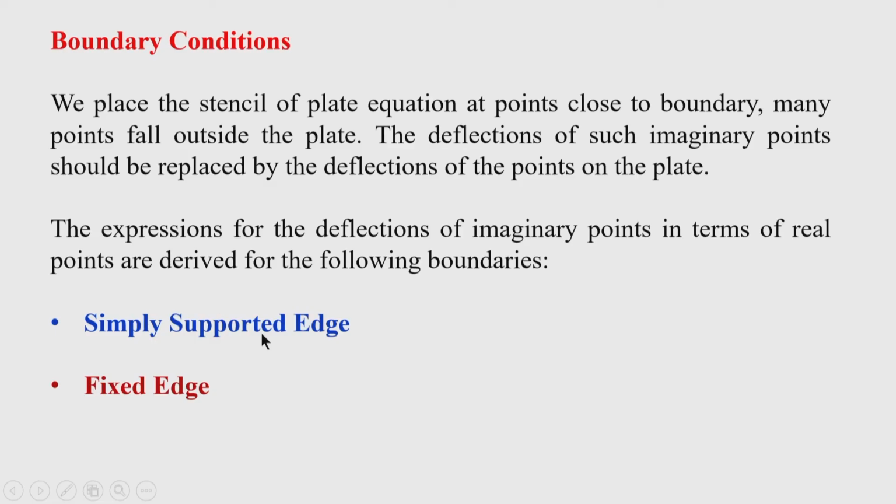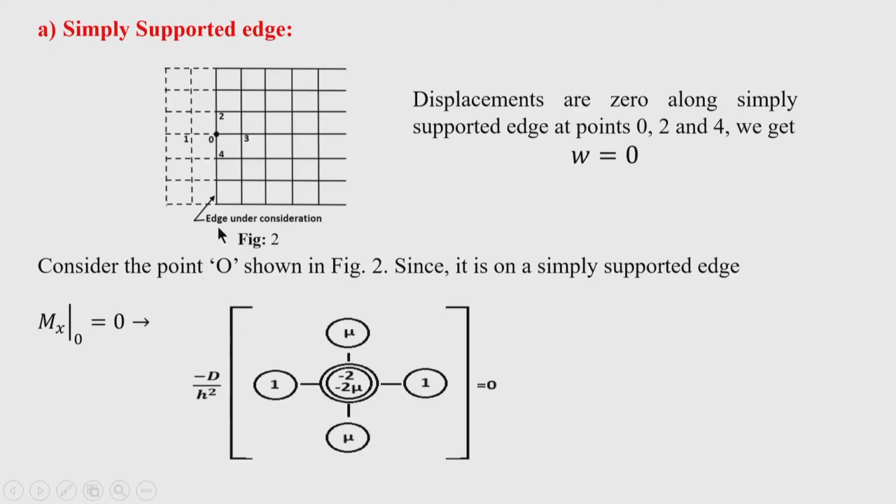Non-classical boundary conditions may be spring supported, may be supported on an elastic beam, may be supported by rotational springs or in any other manner. So, that type of boundary conditions can also be expressed knowing the edge values. Now, here let us discuss only the classical boundary conditions, that is simply supported, fixed and free edges. First we will give the expression for simply supported and fixed edges, then we will go for the free edge.